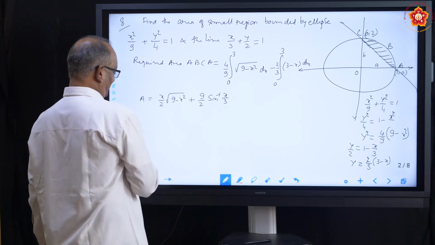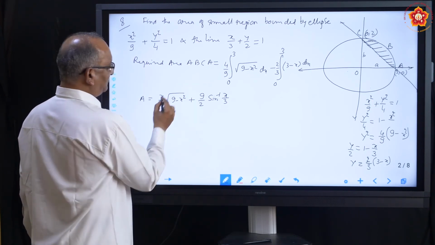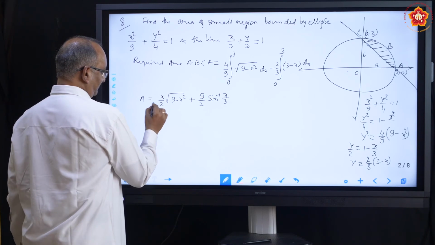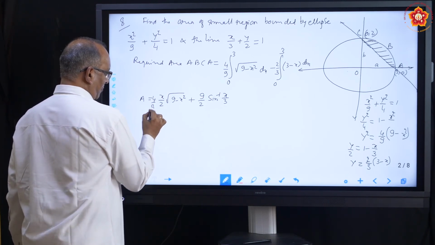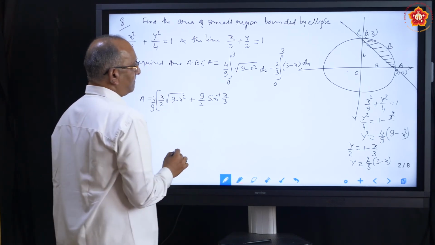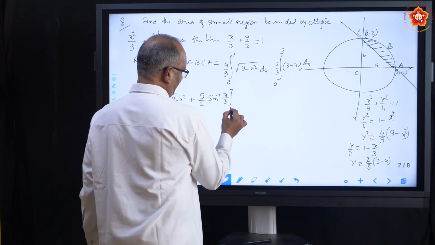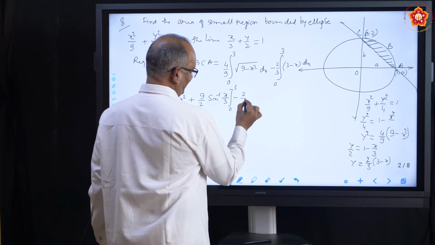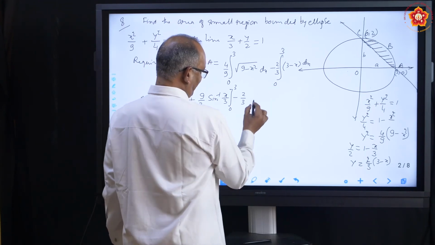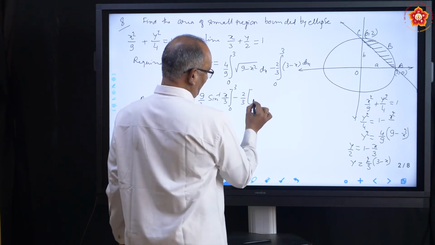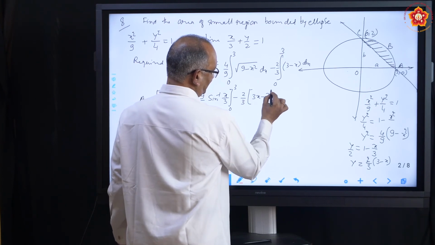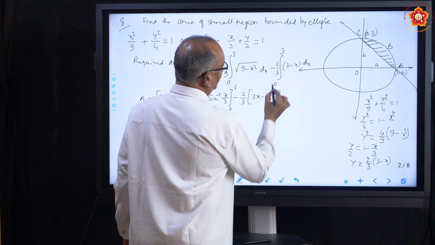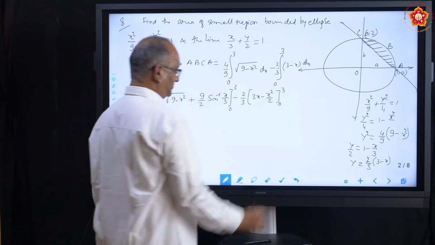These are the things, and outside that we have got 4 by 9. And the limits are 0 to 3. Coming to the second part, minus 2 by 3. This is a very simple function. For 3 it is 3x minus x square by 2. The limits are 0 to 3.